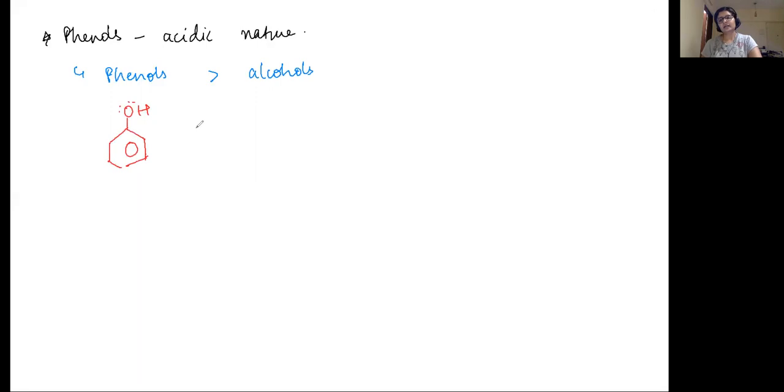Now what can you say about the benzene ring? Will this polarize the OH bond further? Does it increase the polarity of the OH bond or decrease the polarity of the OH bond? Aryan is saying decrease. Can you give me the reason? On what basis?